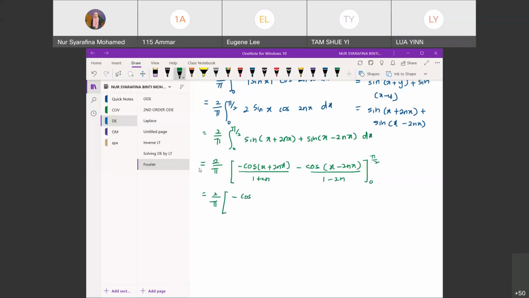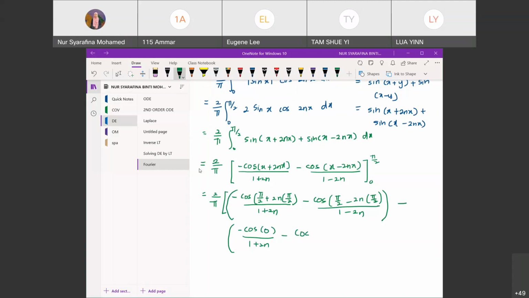Negative cos (pi over 2 plus 2n pi over 2) over 1 plus 2n, minus cos (pi over 2 minus 2n pi over 2) over 1 minus 2n, minus negative cos 0, minus cos 0.